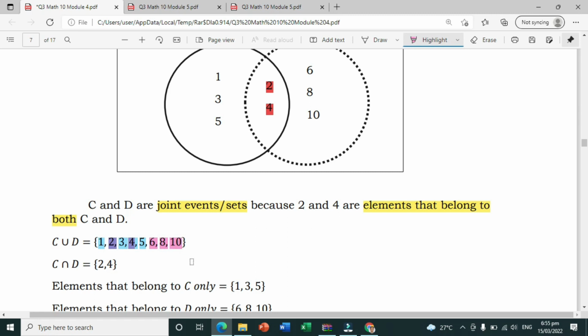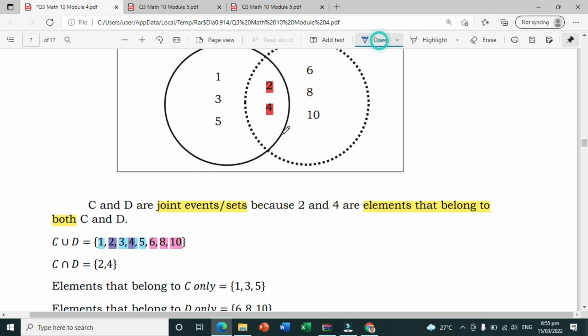Yan. So, combine natin lahat. Actually, pwede naman natin isulat dalawang 2, dalawang 4 dyan. Pero, para hindi tayo malito, pwede na yung isa lang sa kada number. So, yung intersection naman, kung anong meron kay C na meron kay D, this is equal to 2 and 4.